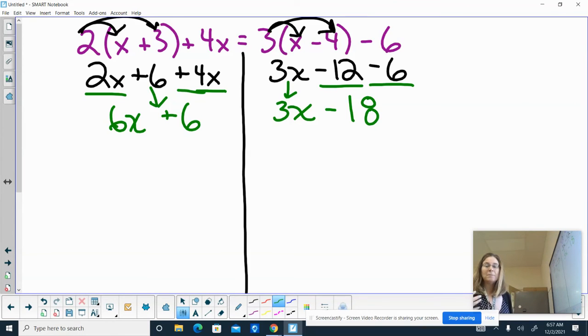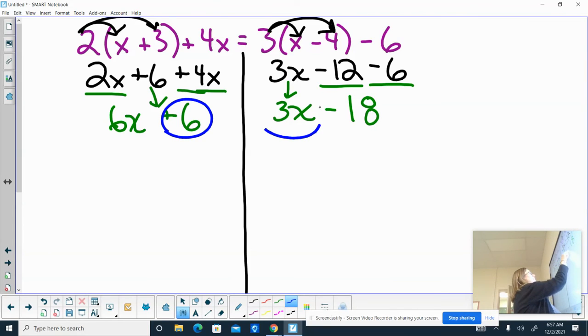Now I have a multi-step problem. Going back to our multi-step process, on the left-hand side, we circle our constant. On the right-hand side, we circle our coefficient. Those are our first and second steps of our process. So instead of adding 6, the opposite would be to subtract 6.